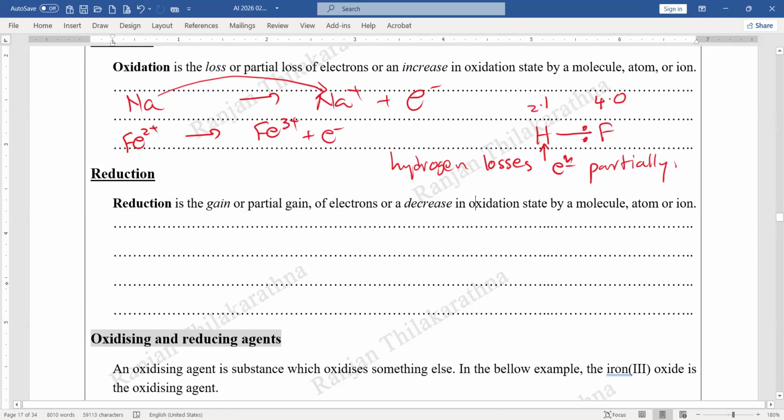That is oxidation. In this case, Fe3+ will take an electron and become Fe2+.